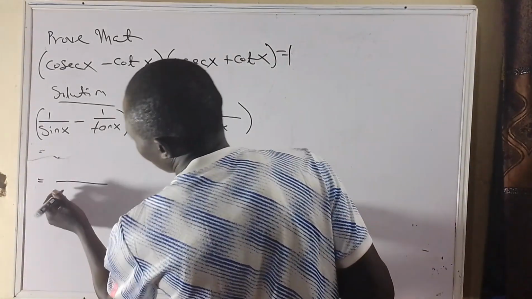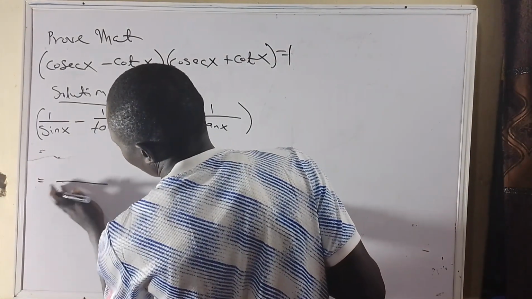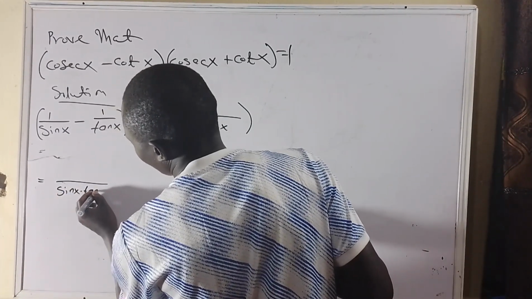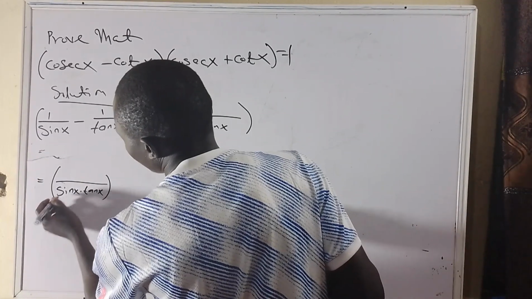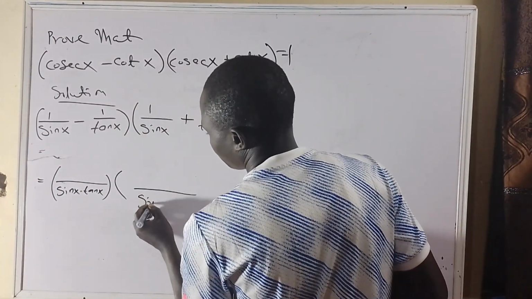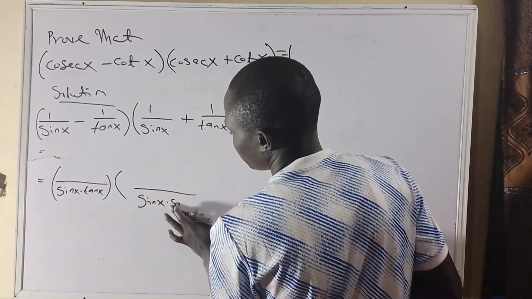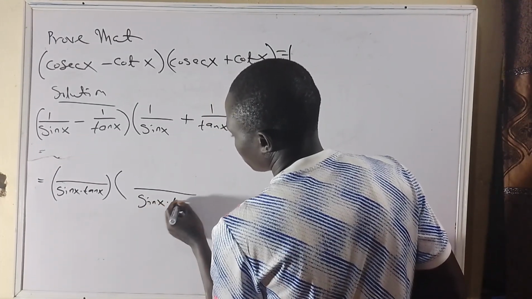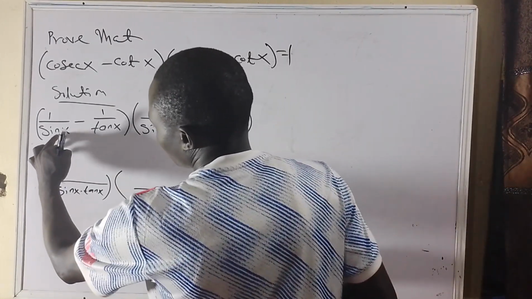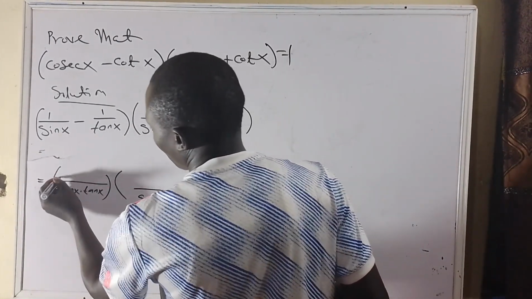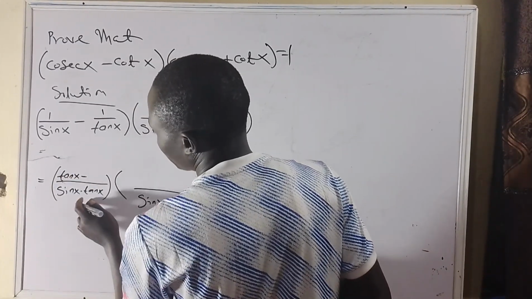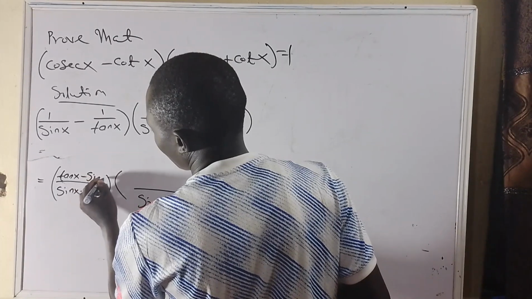So let me pick the first, although it's the same thing. This is sin x multiplying tan x, the first bracket, and so also the second bracket, sin x multiplying tan x. So this sin x will go with this sin x, remain tan x minus, tan x will go with tan x, remain sin x.